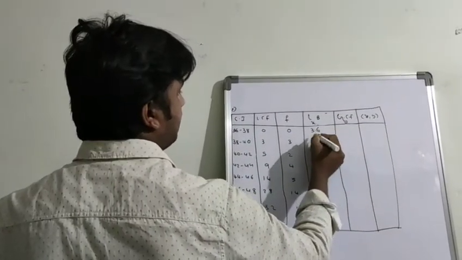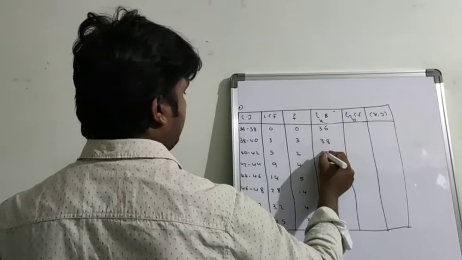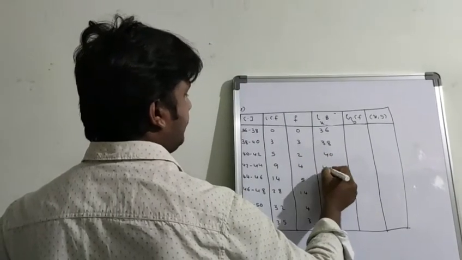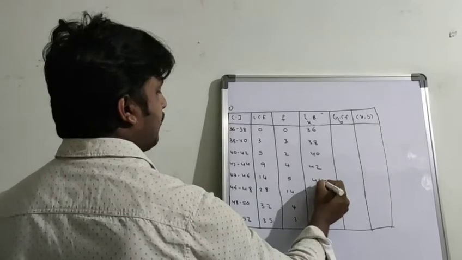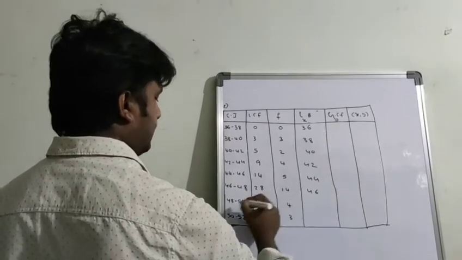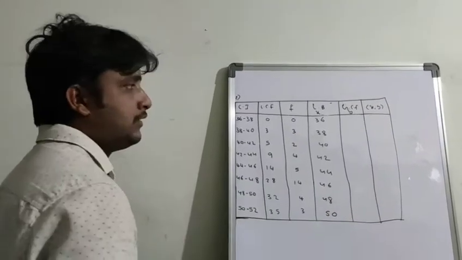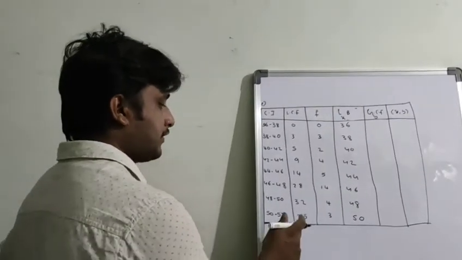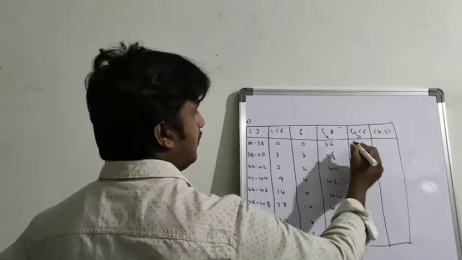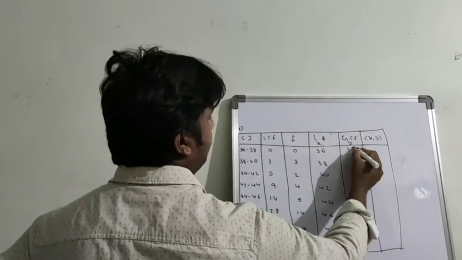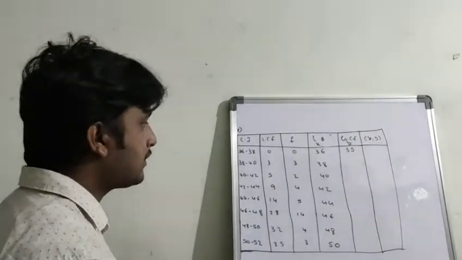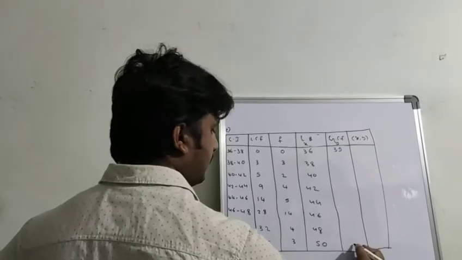Now the lower boundaries: 36, 38, 40, 42, 44, 46, 48 and 50. For the greater than cumulative frequency, we first start with the total, 35, and the last observation we have to get is 3.